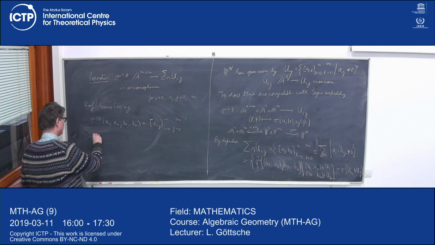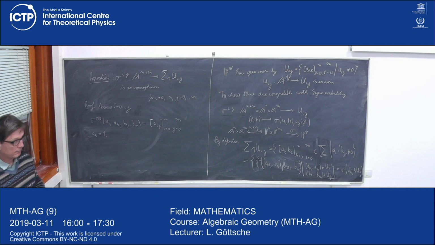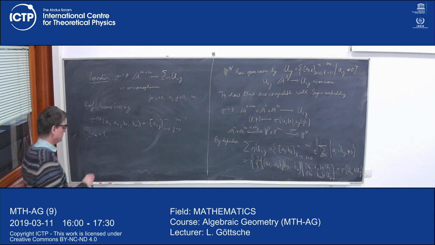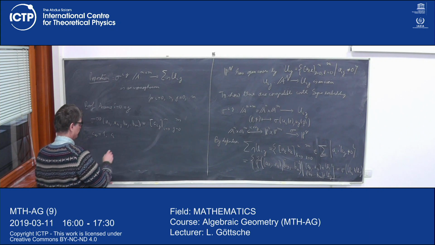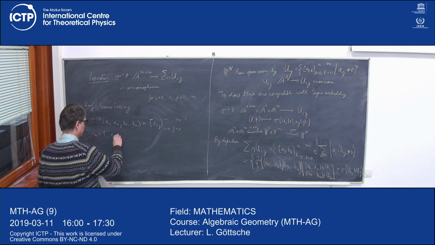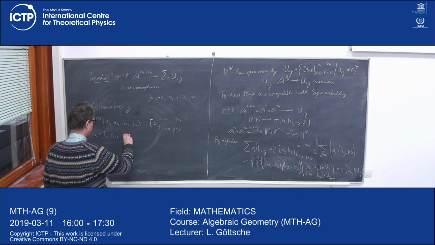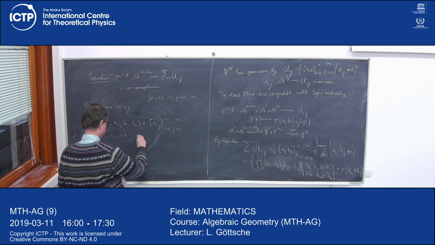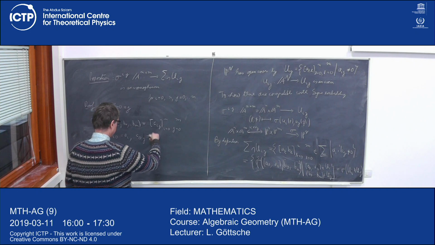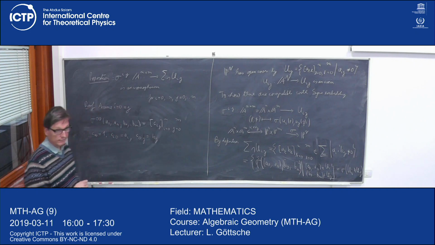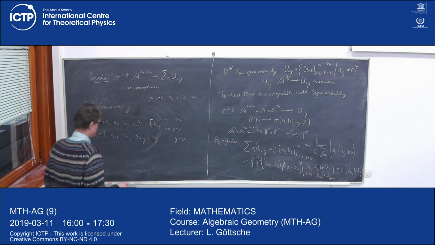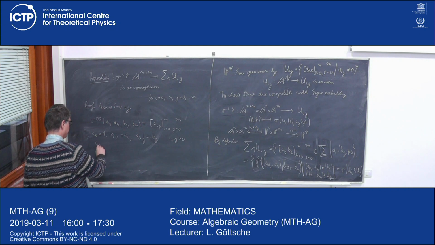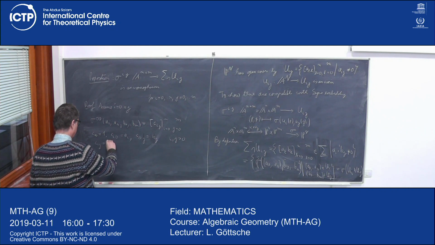So C00 is equal to 1, because it's the 0 here times 0 here. Ci0 is equal to Ai, and C0j is equal to Bj, for all i and j bigger than 0, and finally Cij for i, j bigger than 0 is equal to Ai times Bj.